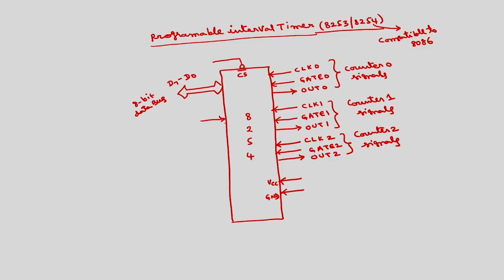Then we have A1 and A0 signals which will select the counters. Then we have read bar, write bar. So, in total 24 signals, this is 24 pin. So, this is a 24 pin IC.